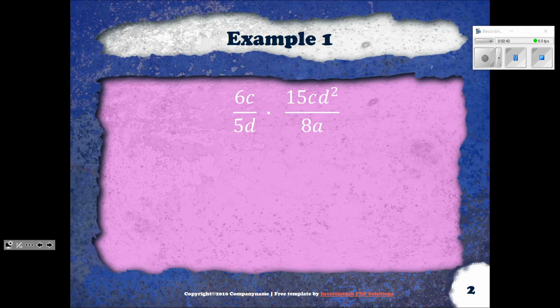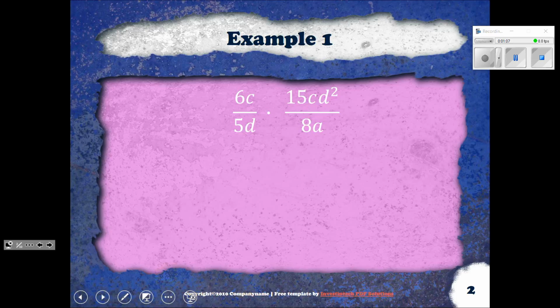Do you have to have common denominators to multiply and divide? Yes or no? No. When do you have to have common denominators? Add and subtract. And that's what we're doing tomorrow. So, yee-hee! We're going to have common denominators tomorrow. Okay? But today, you don't have to worry about that.